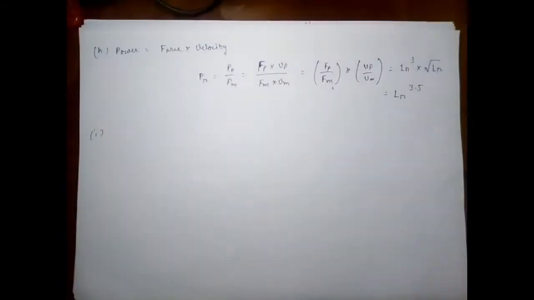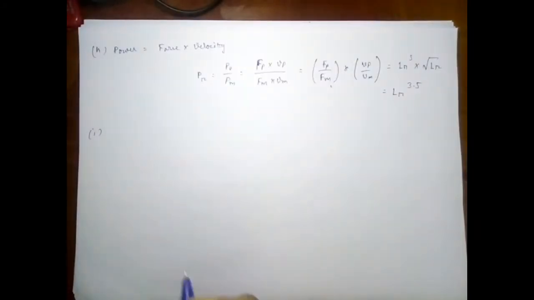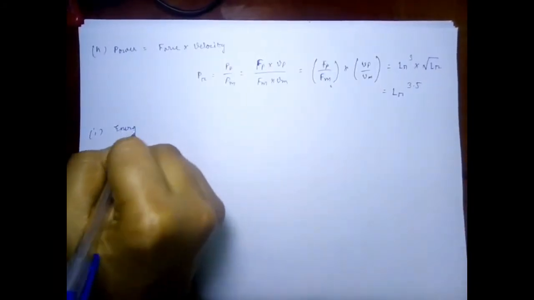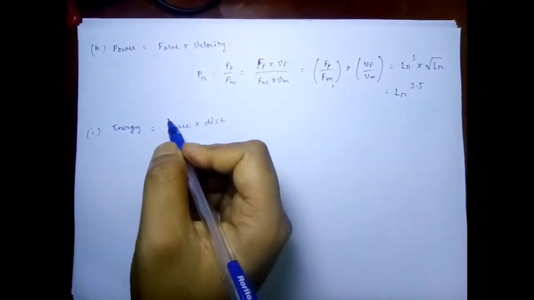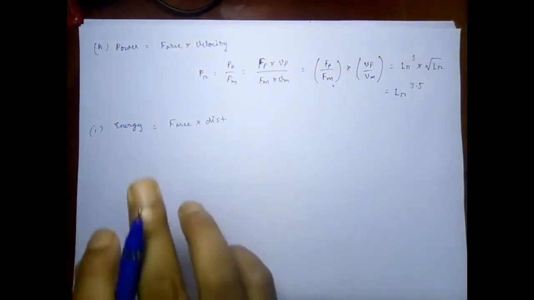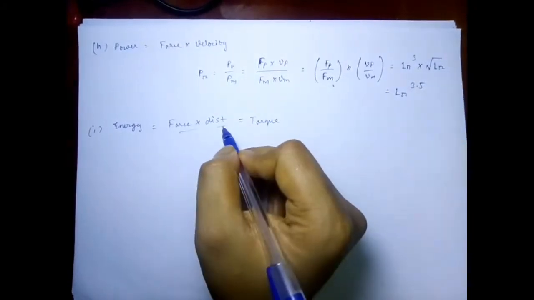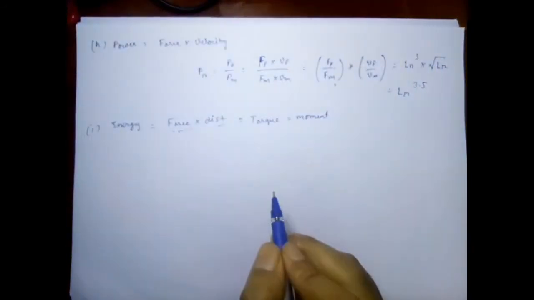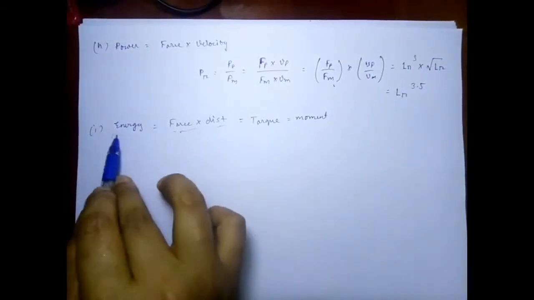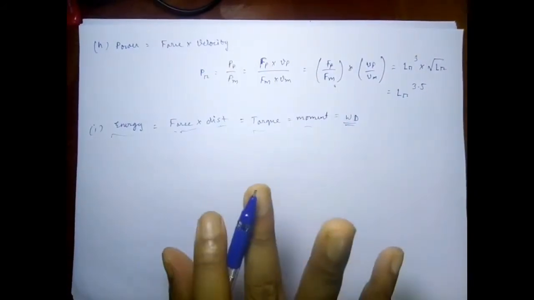Next we have the energy, and finally we have to find the pressure intensity. So for energy, which is actually force multiplied by distance, which is equal to the work done, it will have a similar scale ratio to torque. Torque is also, we know, force into distance, and moment is also force multiplied by distance. So all these, that is energy, torque, moment, and work done, these four things will have the same scale ratios.